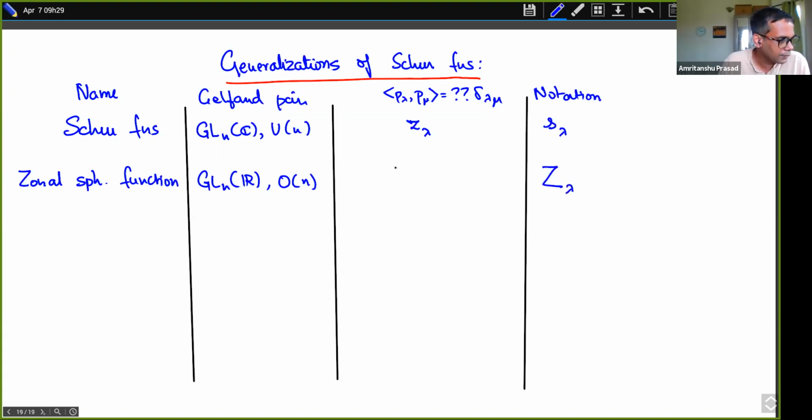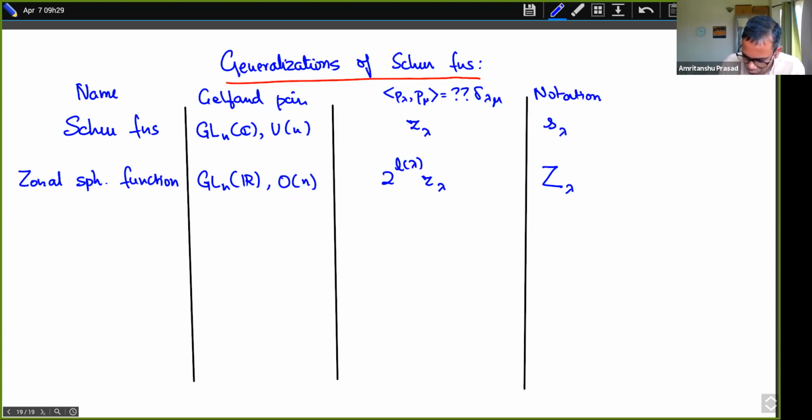The inner product here is 2 to the power L lambda times z lambda. When I write something here, I'm saying you have to take symmetric functions; maybe the coefficients are not always just rational numbers, maybe there'll be something larger. But you define an inner product using this formula.